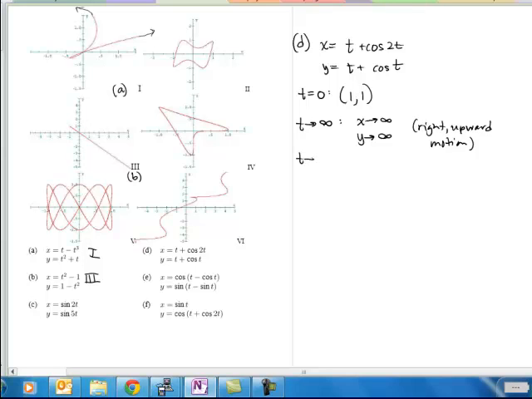And as t goes to negative infinity, so as t gets unbounded in the negative direction, x will get unbounded in the negative direction, and so will y. Again, these cosine terms will keep the movement from being linear, but it won't impact it too much. So we'll have left downward motion.